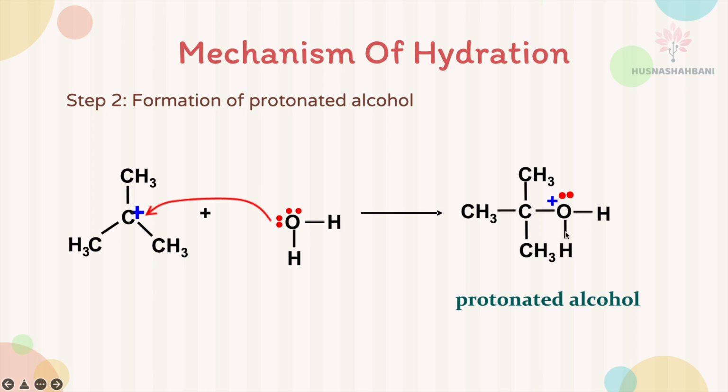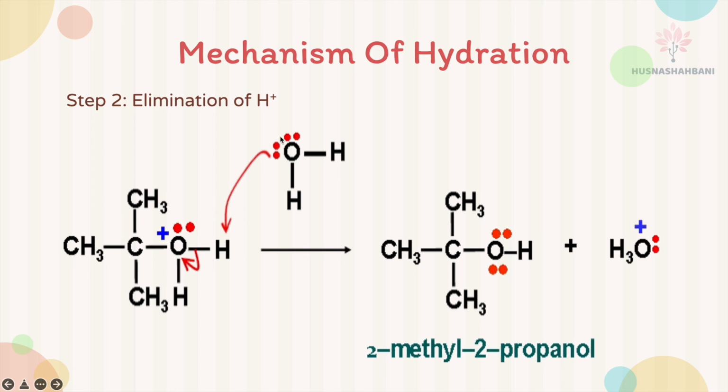And then we need to remove the proton by taking another water molecule to attack the proton in the protonated alcohol. The lone pair will be used to form a bond with hydrogen, because we need to eliminate the proton H+.